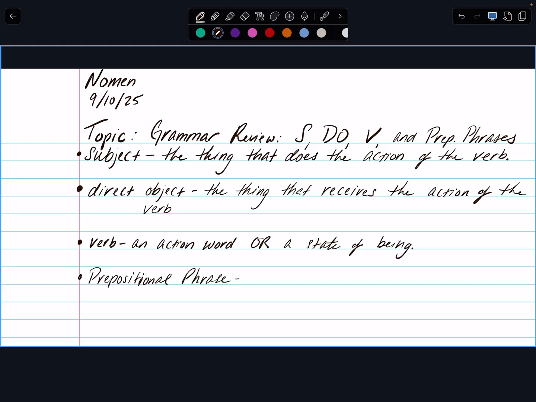A prepositional phrase is just a group of words including a preposition and an object of the preposition.